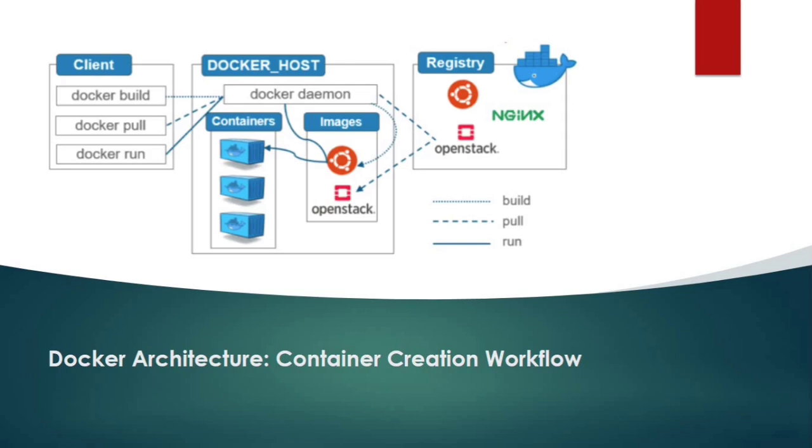It pulls the image and stores it locally on the Docker host. At last, it uses that particular image to create a lightweight container. Once the container is running, it sends the response back to the Docker client through the Unix socket.